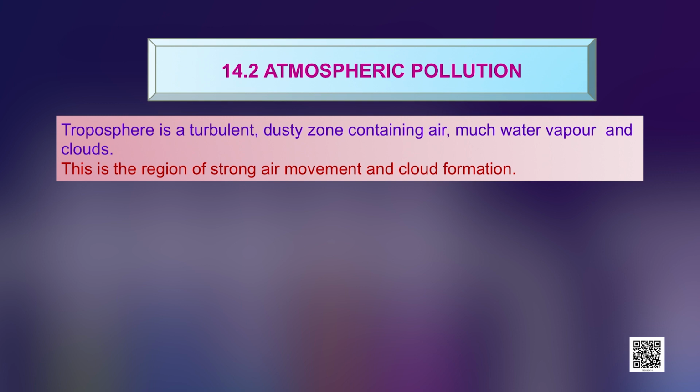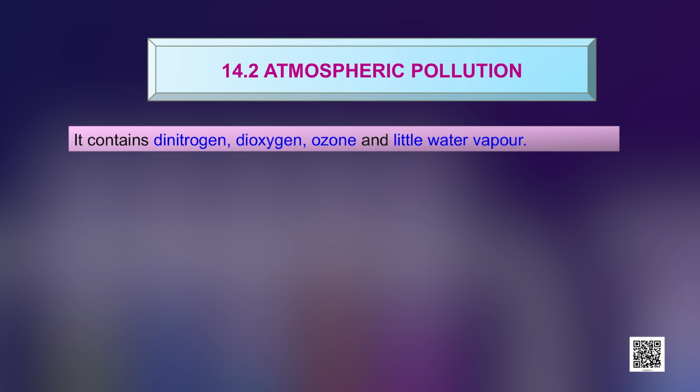Troposphere is a turbulent, dusty zone of air and it contains much water vapor and clouds also. This is the region of strong air movements and cloud formation. The stratosphere on the other hand contains dinitrogen, dioxygen, ozone and little water vapor.